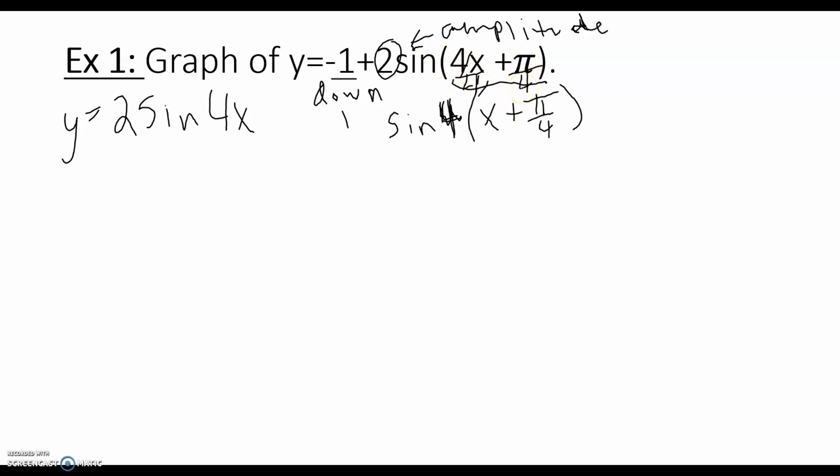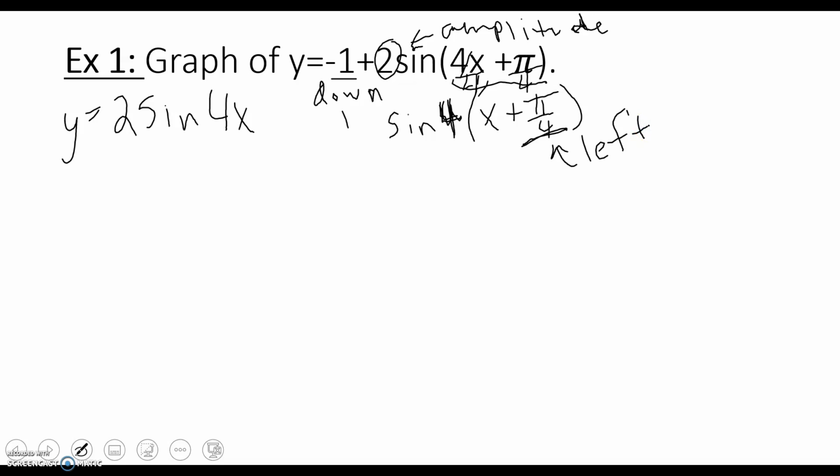So the 4 is what changes the period, and now this plus pi over 4, that's our horizontal translation. That's going to shift the graph left pi over 4 units, okay?